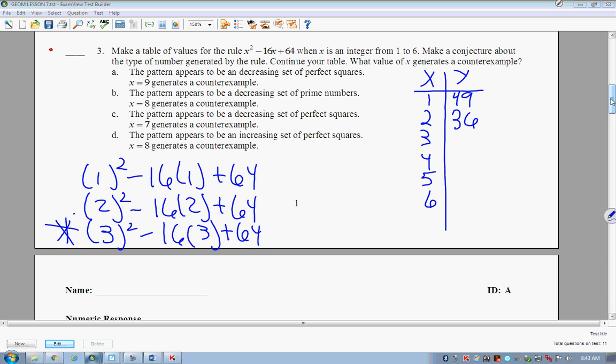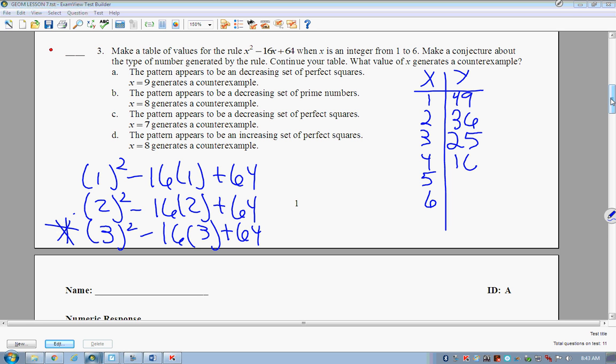You're not even having to figure it out. 25 is correct.